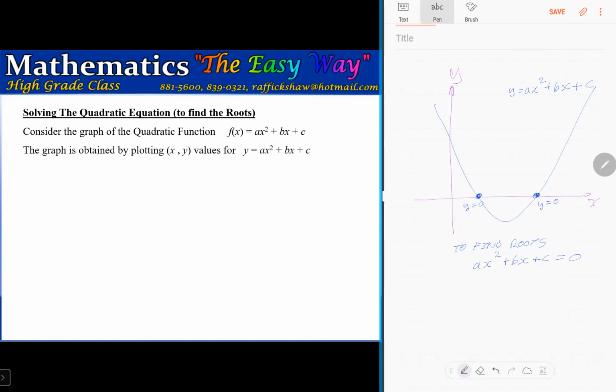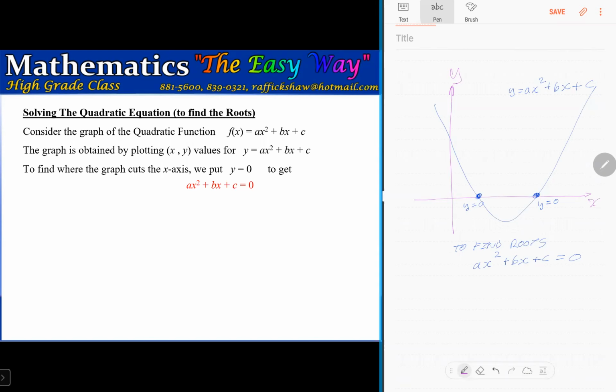All right. The graph is obtained by plotting xy values for y equals ax squared plus bx plus c. Remember last week when we did a graph, we put a table and we calculated the points and we plotted the graph. That's how we plot the graph. To find where the graph cuts the x-axis, we have to put y equals 0 because we know that on the x-axis, the y value is always 0.